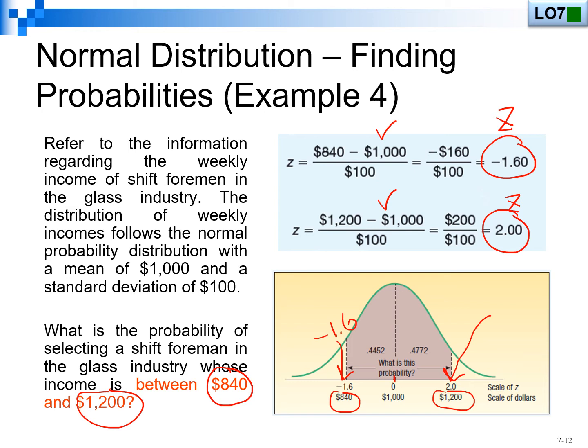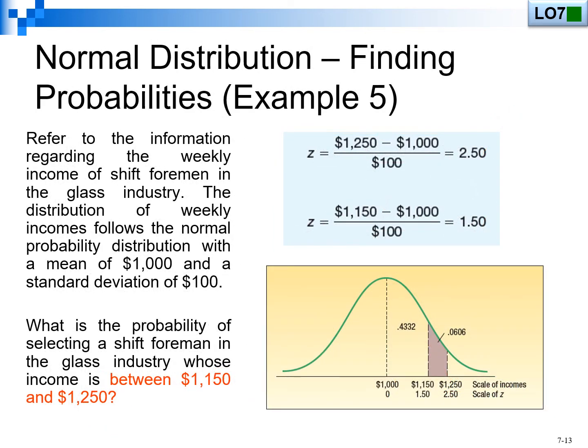So just look up 1.6. You're going to find the answer there is 0.4452. If you also then go to your z-table and look up a positive 2, it's going to give you an area that's 0.4772. And so basically the final answer would be you have to combine these or add these together to basically get the whole area under this curve in terms of what you're looking for.